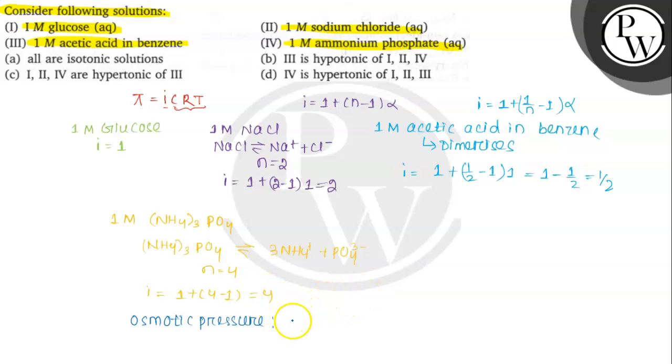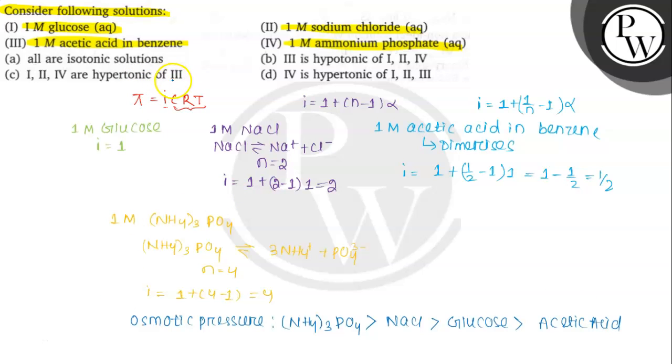That means the 1 molarity solution of (NH4)3PO4 has the greatest value of Van't Hoff factor. Then comes 1 molarity NaCl, then glucose, then acetic acid. So this is the order of osmotic pressure. Now we'll choose our correct answer.